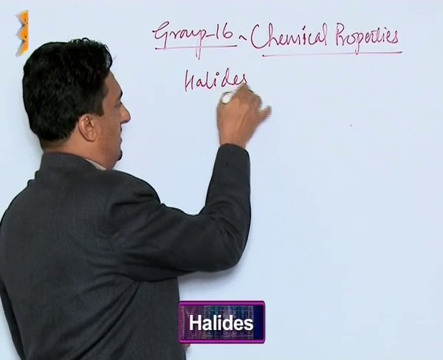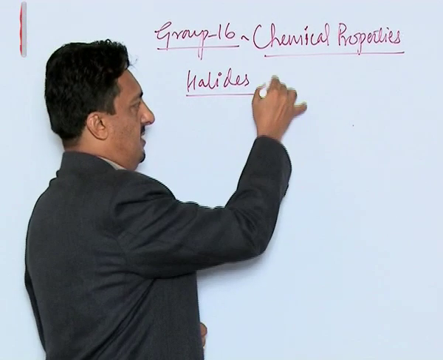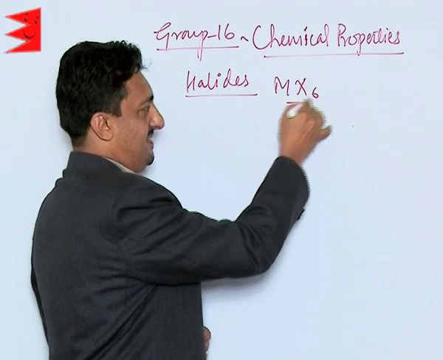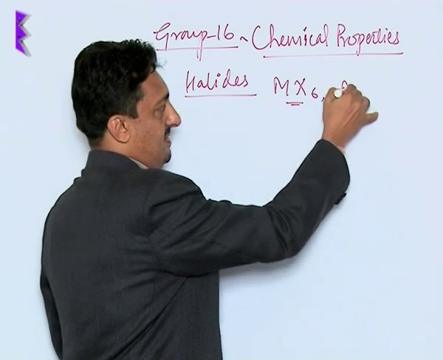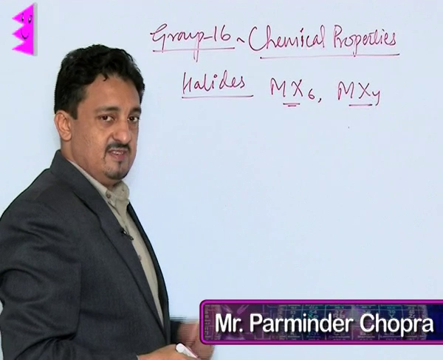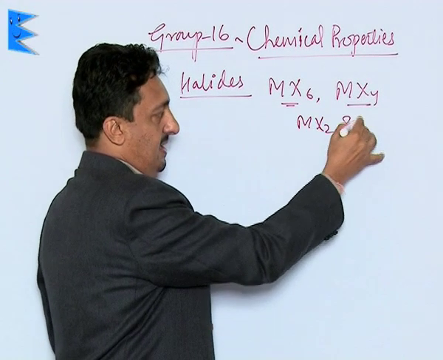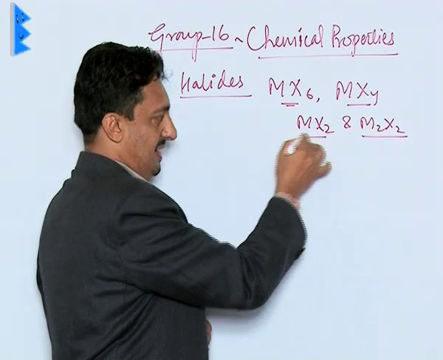Halides of group 16 elements. Group 16 elements form mainly MX6 hexahalides, MX4 tetrahalides. Along with this, they also form MX2 dihalides and M2X2 monohalides.